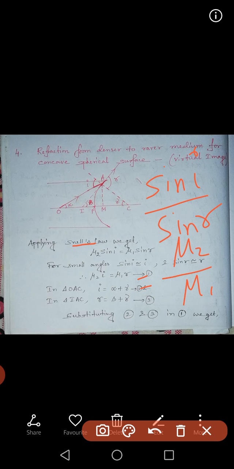But in this case, light is moving from denser medium to rarer medium, meaning mu2 to mu1. So this thing will be mu1 by mu2. If you do the cross multiplication, it will be mu2 sin i equals mu1 sin r. So there is the change.